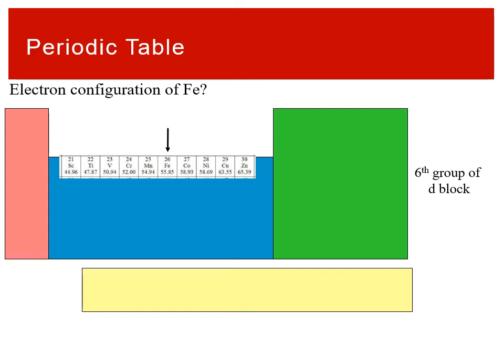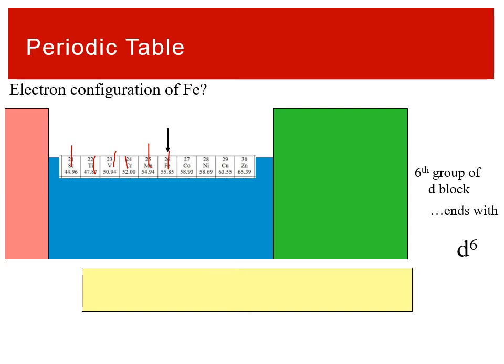We know that it's in the d block, and we know it's in the 6th group of the d block. Sc starts at 1. We can just count across 1, 2, 3, 4, 5, 6. So we know right away that the electron configuration ends with d6. Anything that's in the same column as iron ends with d6 in its electron configuration.